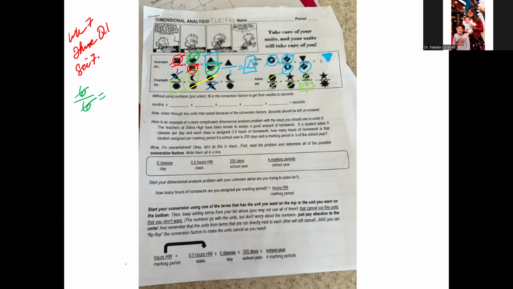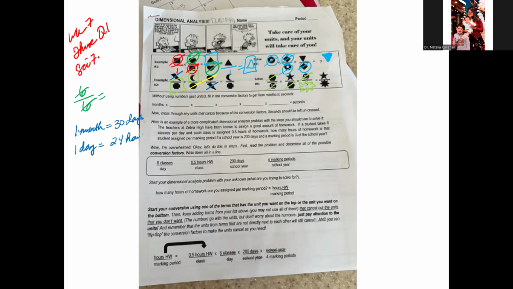All right, without using numbers, just units, fill in the conversion factor to get the month to seconds, okay? So let's break this down. 1 month equals usually 30 days, right? Okay. 1 day equals how many hours? 24.